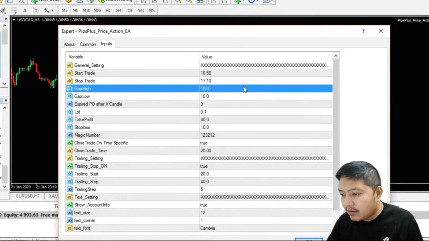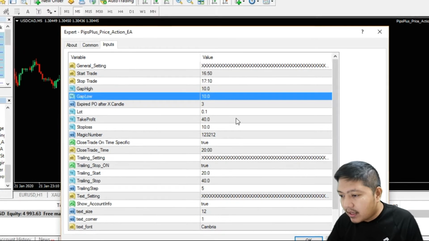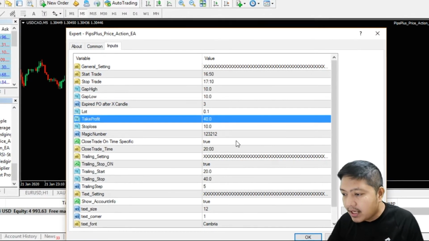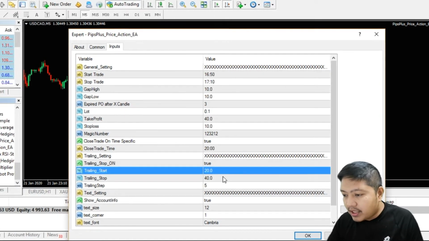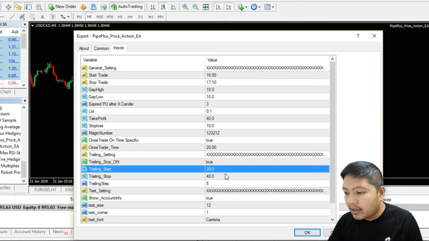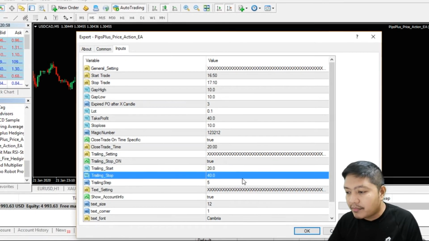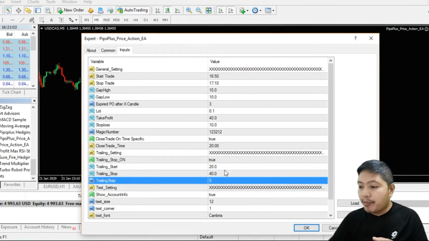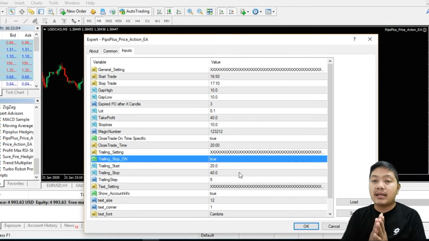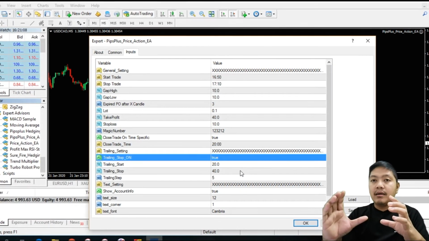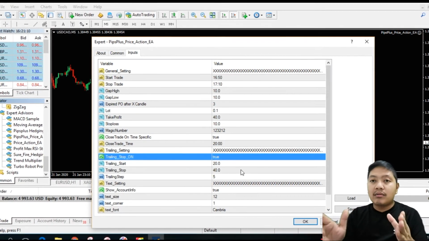So this is how it is. 10 pips, and then my stop loss will be 10 pips and take profit will be 40, and my trailing start will be 20 and trailing stop will be 40. The purpose of the trailing stop is that the moment I reach that particular profit, it will lock that profit.